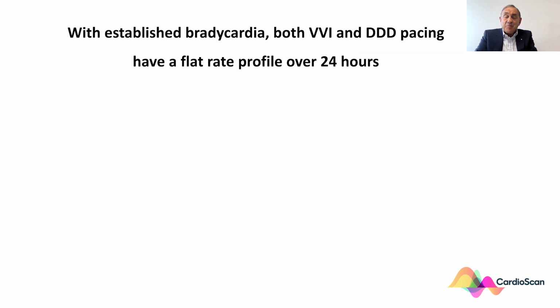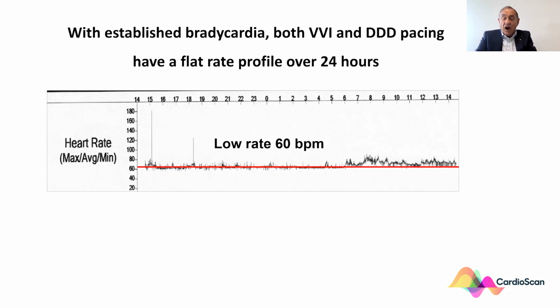But with established bradycardias like this, both VVI and DDD pacing have a flat rate profile over 24 hours. This is a Holter monitor rate profile, and you can see that over the 24 hours, the rate is predominantly 60 beats per minute, although it does get up to 75 to 80 beats at times, with exertion, obviously.